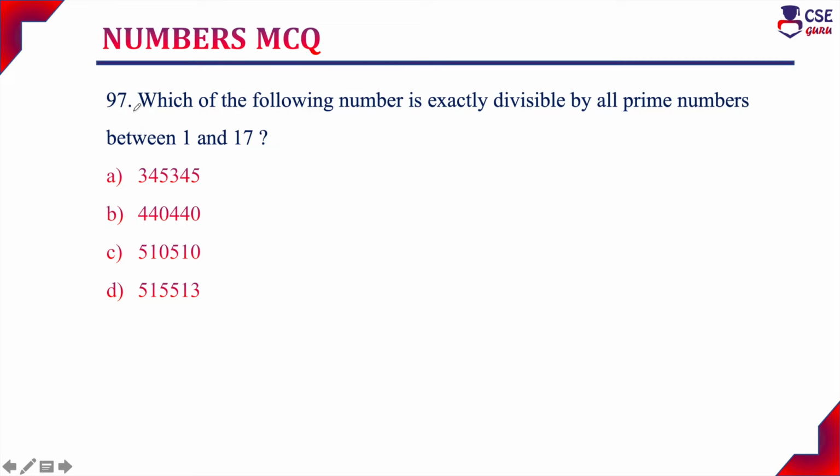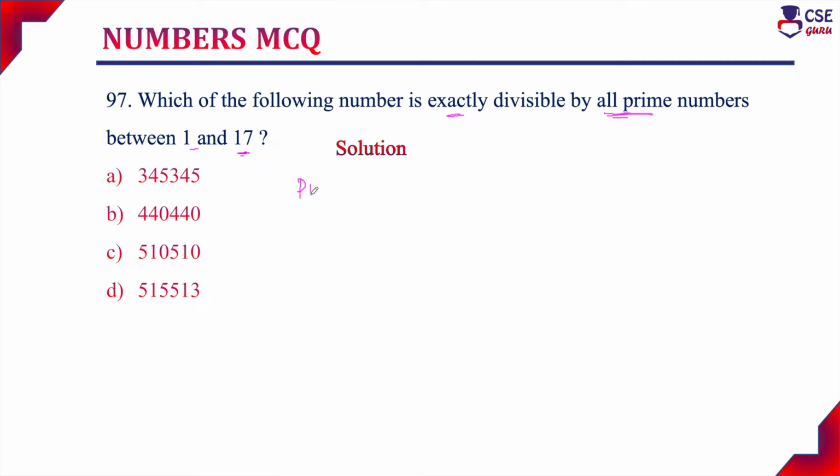Next, problem number 97. Which of the following number is exactly divisible by all prime numbers between 1 and 17? So these four options, we need to check whether it is divisible by all prime numbers between 1 and 17.